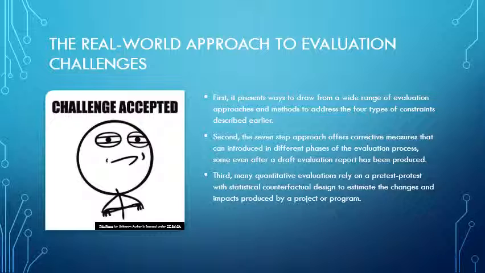Second, the seven-step approach offers corrective measures that can be introduced in different phases of the evaluation process, some even after a draft evaluation report has been produced. Third, many quantitative evaluations rely on a pre-test post-test with statistical counterfactual design to estimate the change and impacts produced by a project or a program.